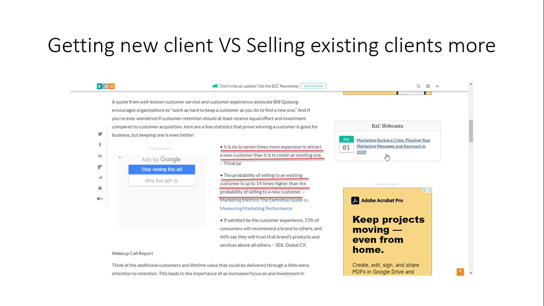And the second research is more interesting. The probability of selling to an existing customer is up to 14 times higher than the probability of selling to a new customer. Because an existing customer already trusts you, likes you, and has already done business with you.